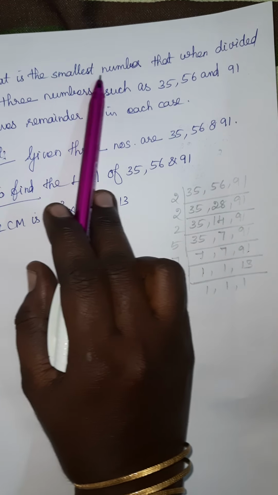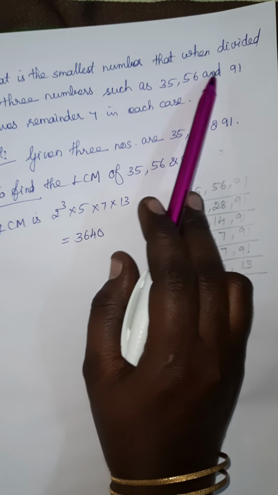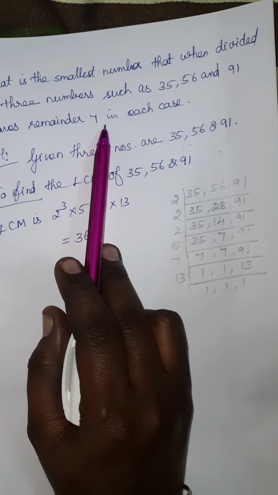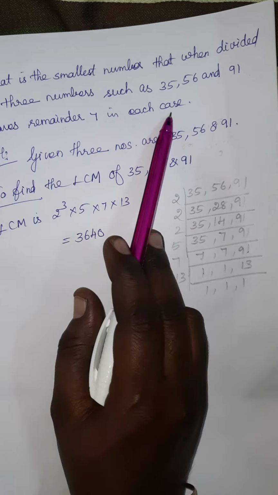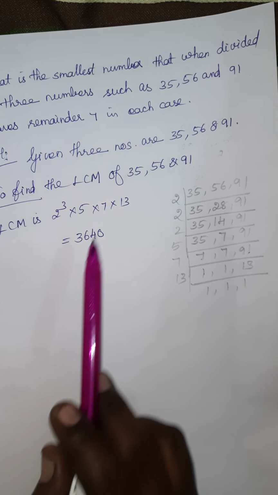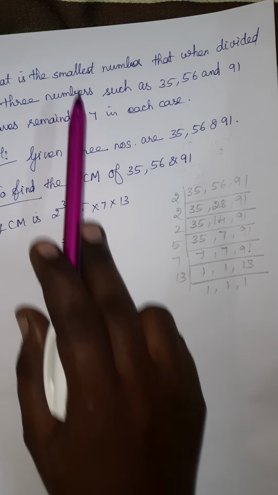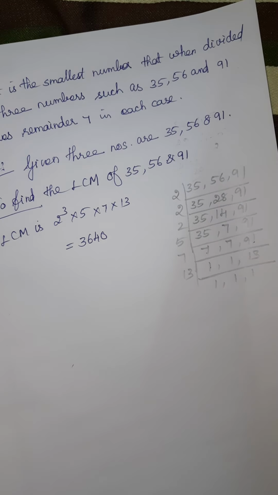Since they ask what is the smallest number that, when divided by these three numbers, leaves the remainder 7 in each case, we need the remainder 7. So with this number, if you add this 7, you can get the correct answer. Okay.